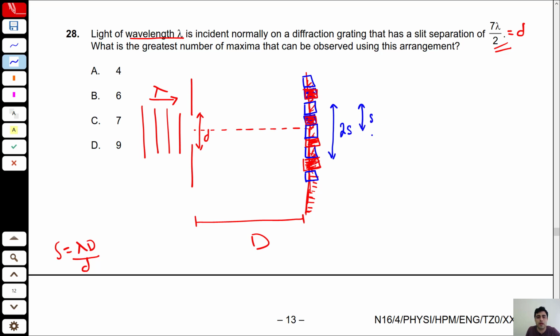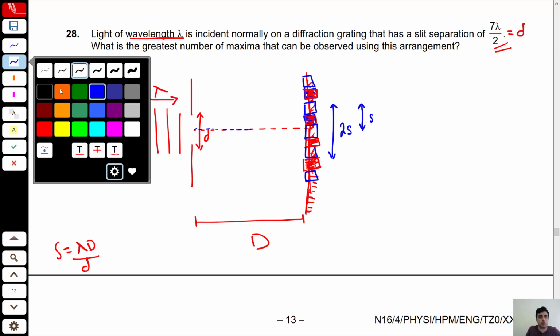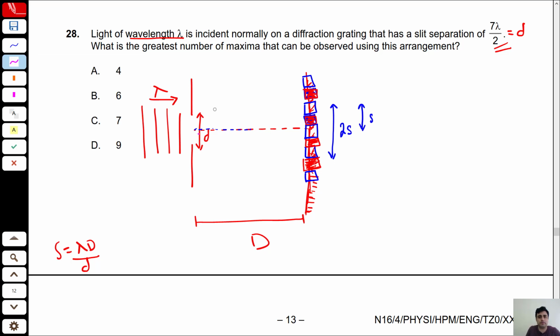Now, in order to find the greatest number of maxima, realize that the first maxima will hit here, the second maxima will hit here at a certain angle, and then we have the third maxima, and then the fourth, and on and on. You can see this angle is increasing. But what's the maximum possible angle that this angle of diffraction can take?